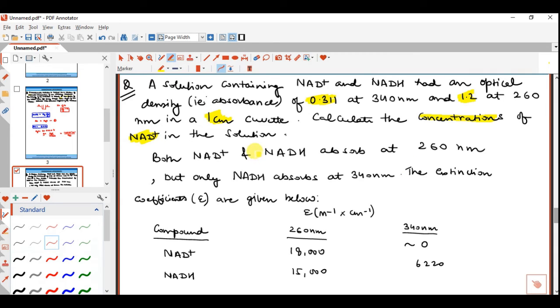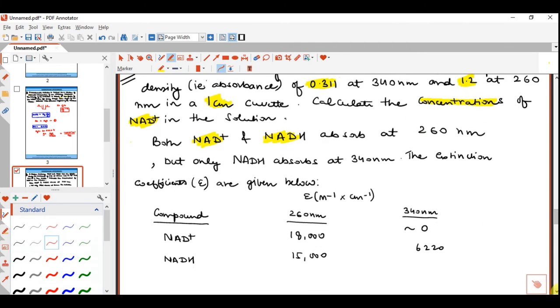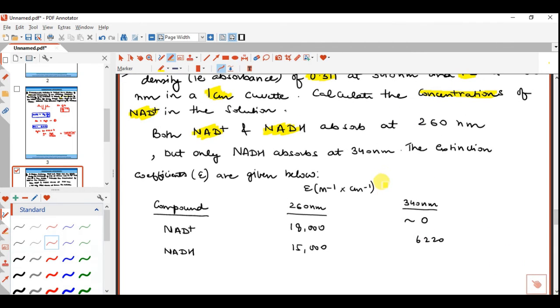And another feature of this question is they have given you that NAD plus and NADH absorption. They have given you the molar absorptivity coefficients at different wavelengths.